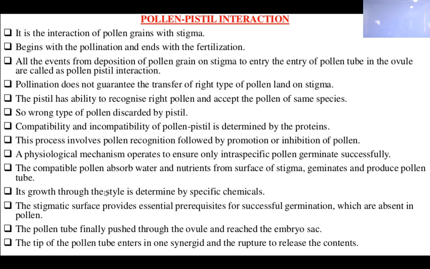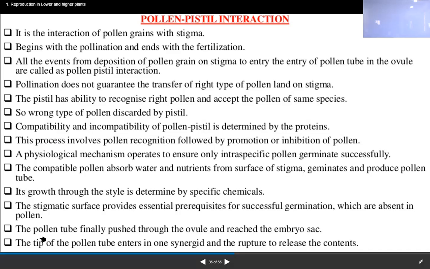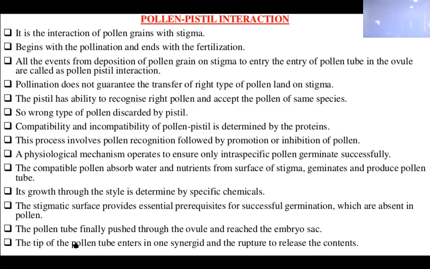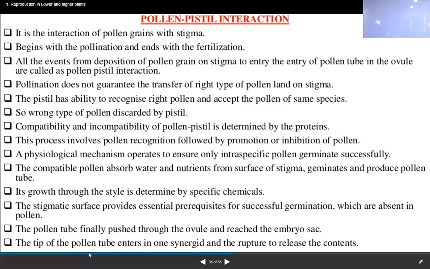Ovary is the swollen part of the pistil. This you know, stigma, style, and ovary. So its growth through the style is determined again by specific chemicals. The stigmatic surface provides essential prerequisites for successful germination.